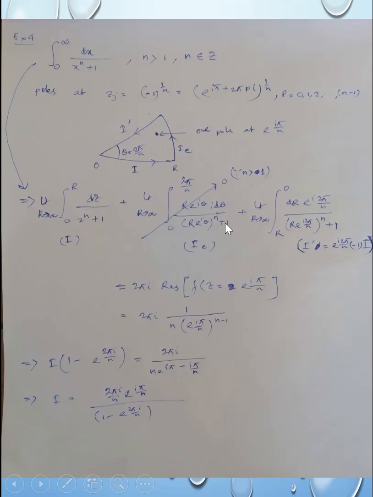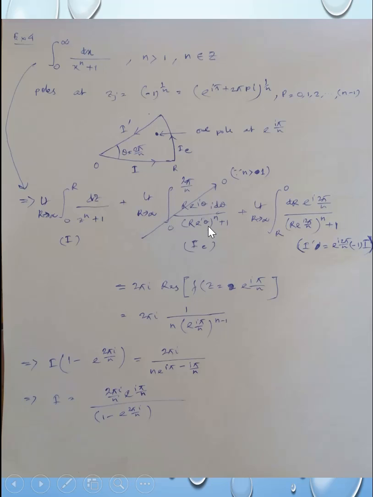Here I have replaced r exponential sin theta d theta. It is very simple, the same way you have done before. Just take the modulus, and if you take the limit r tending to infinity, you will get 0.